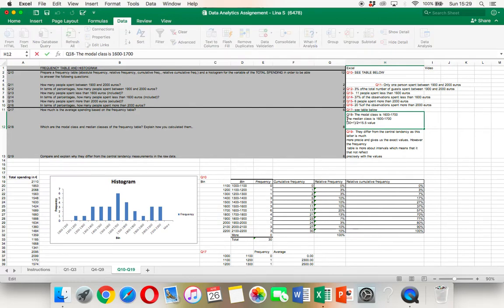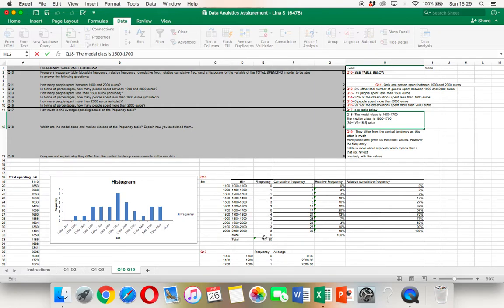Then we go to the median class. To get the median class, we make a small calculation, which is 30, the total number of guests, plus 1, divided by 2, which gives us the information that the 15.5th value is the median.